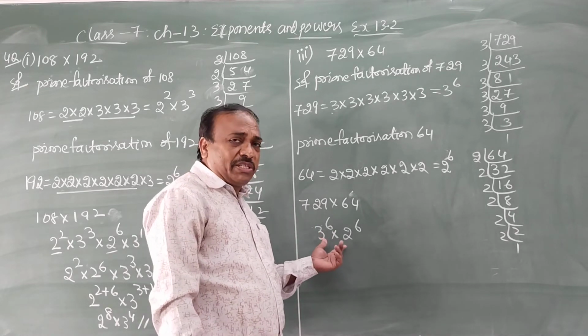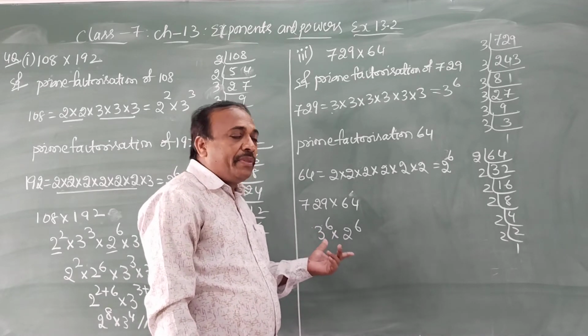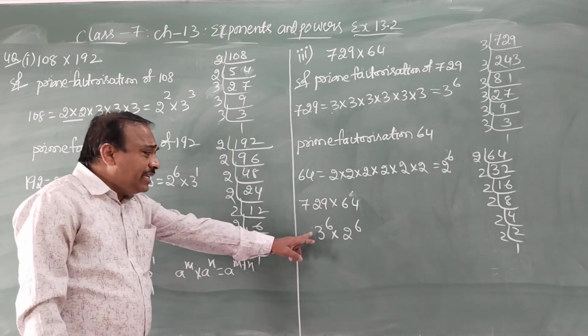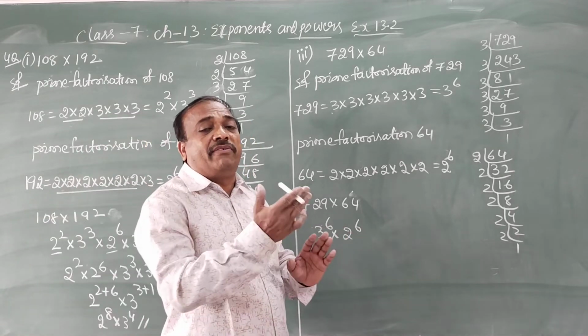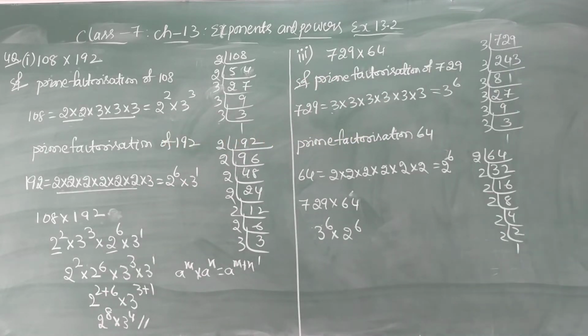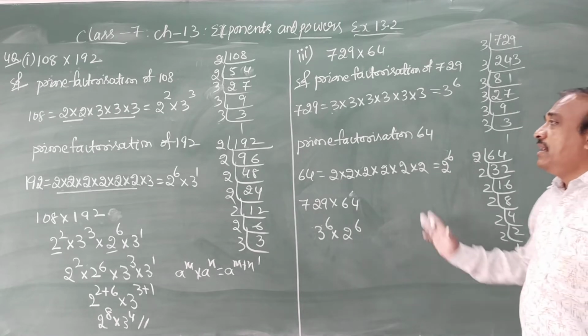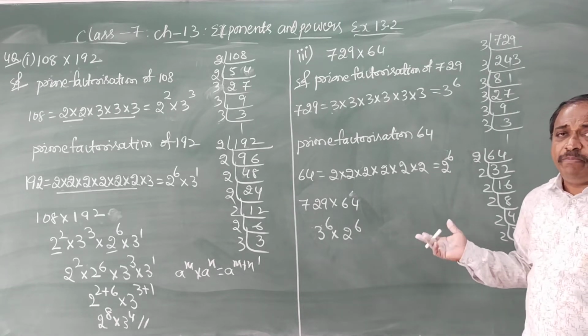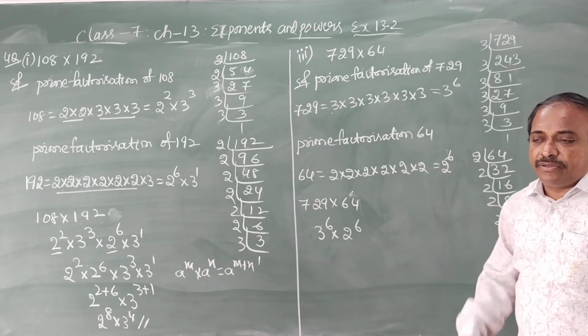You could use the law of exponents to simplify this, but 6 is not the base and not a prime factor, as he is asking for a product of the prime factors. Is it clear, students? I hope you understood how to express as a product of the prime factors.